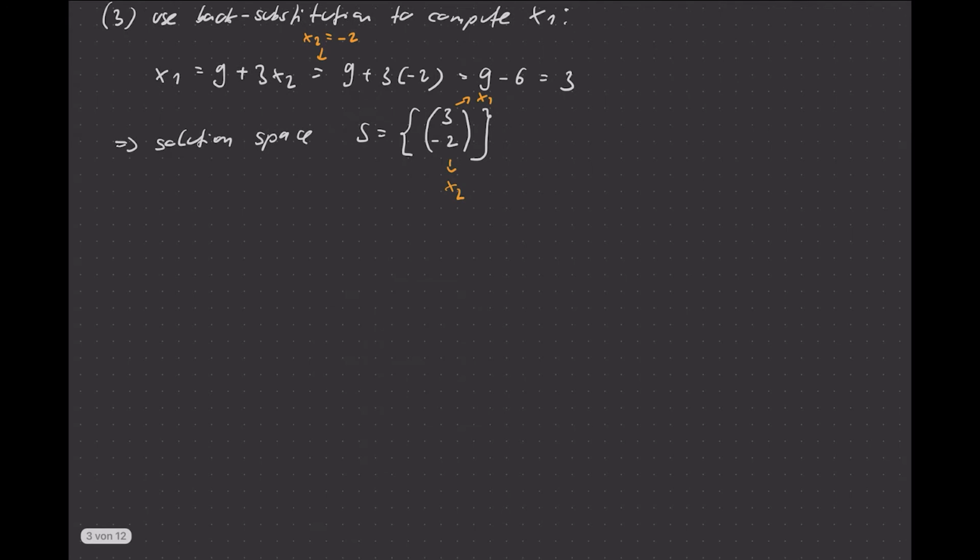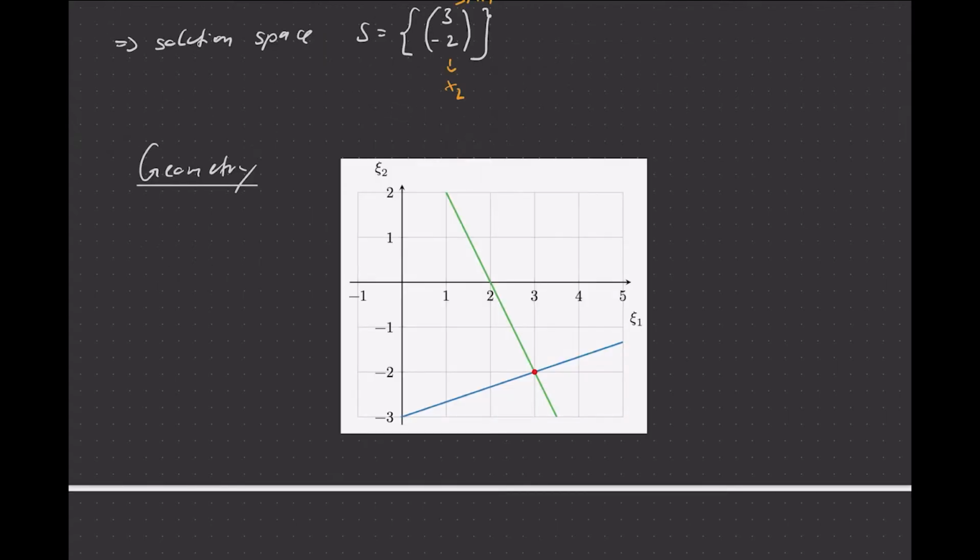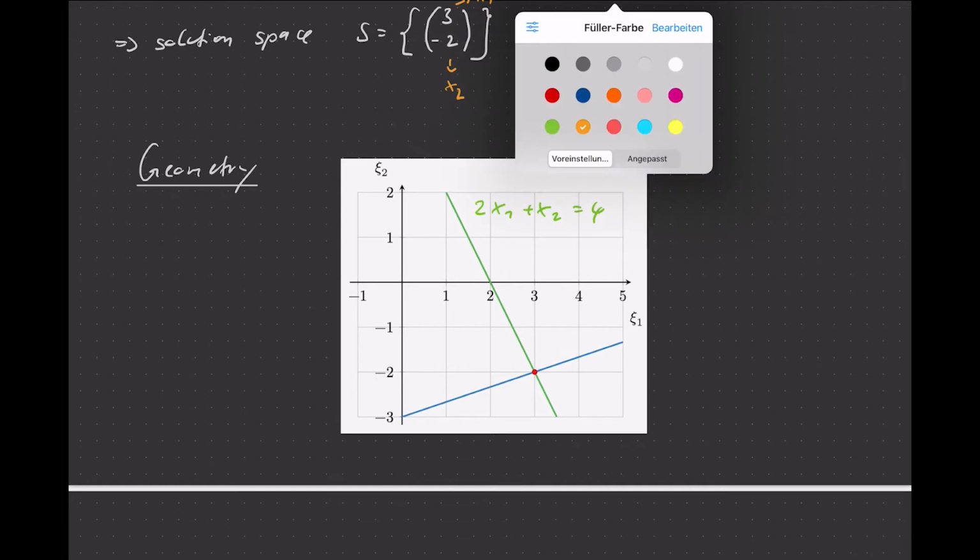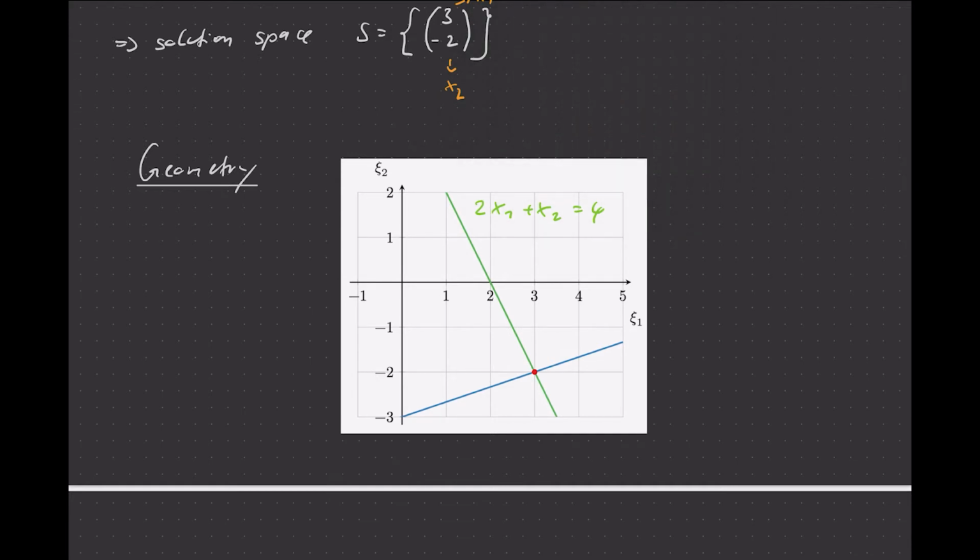And we want to have a look at that geometry to see how the lines in this example actually look. So here's the geometry of that case. You can see this green line here, that corresponds to the equation 2x1 plus x2 equals 4. And the blue line, that corresponds to the equation x1 minus 3x2 equals 9.